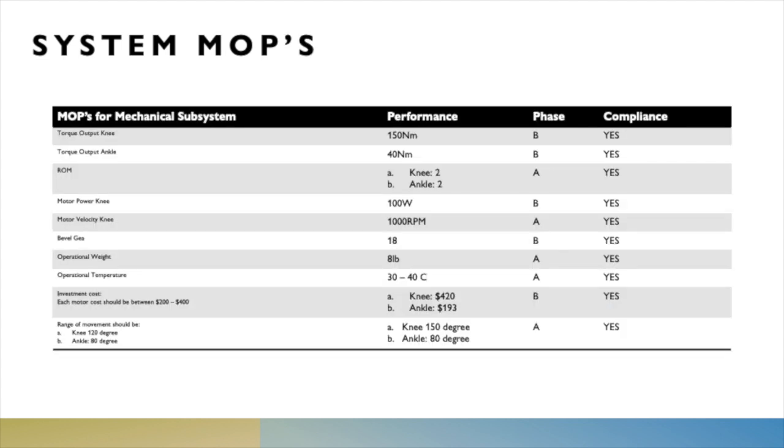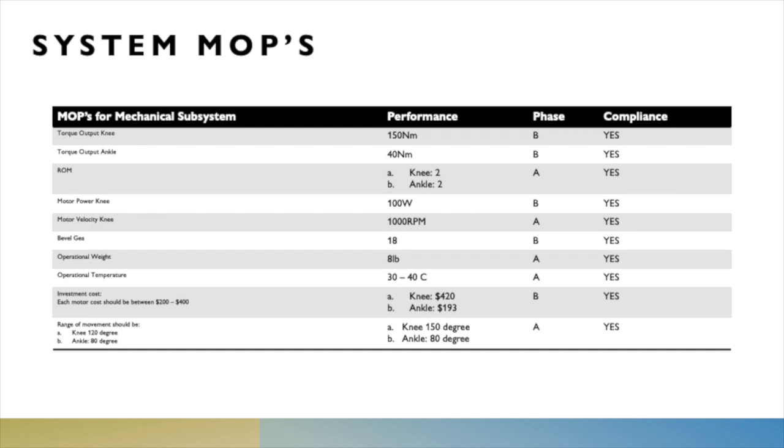In the next slide, we're going to talk about our CSIS MOPs, measurements of performance. Our measurements of performance are based on the mechanical system proposed in phase C.1, in which our torque output for the knee should be about 130 newton meters. It was specified in phase B, and to this day it complies. Torque output ankle, 40 newton meters.